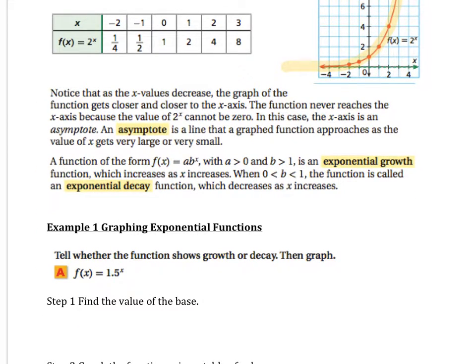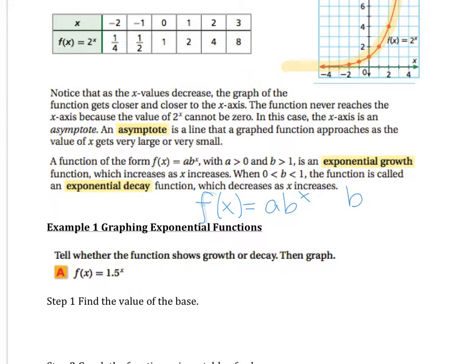Exponential growth will be when I have this function f of x in the form a b to the x, again b the base.